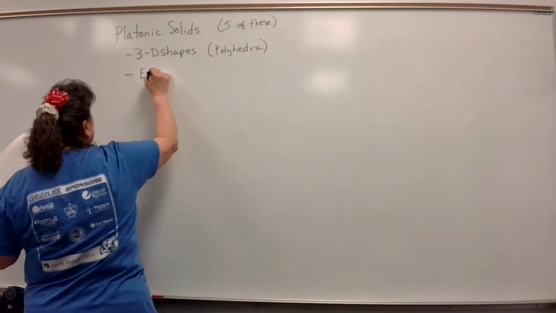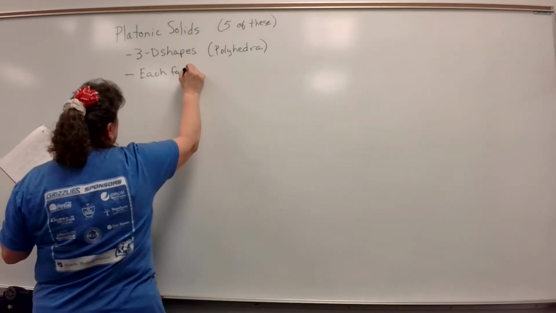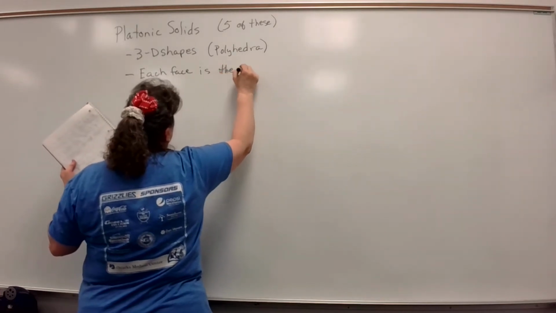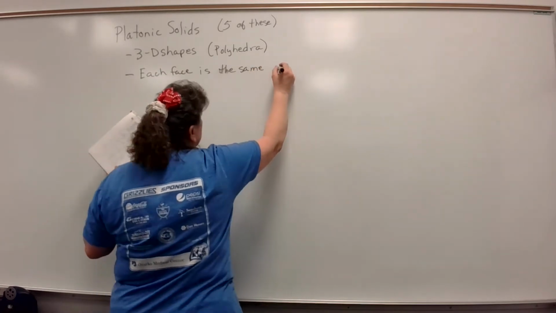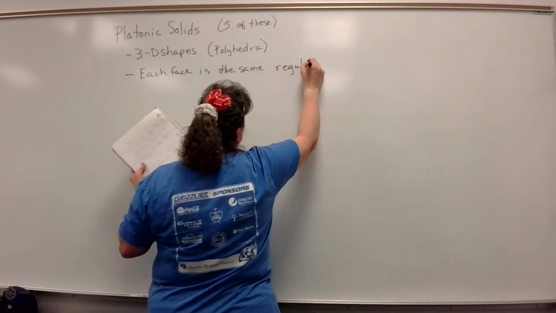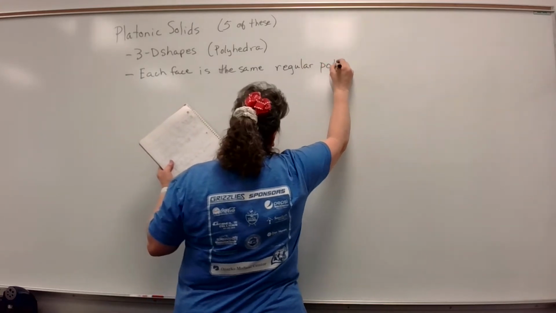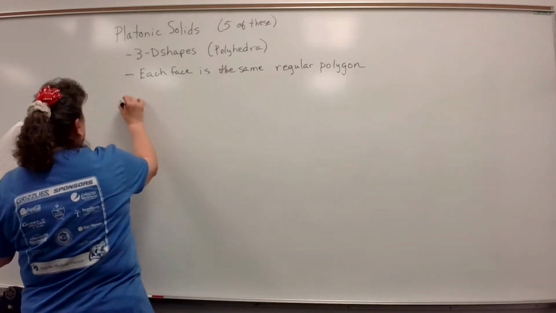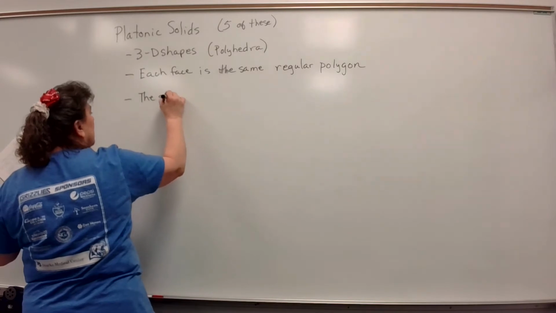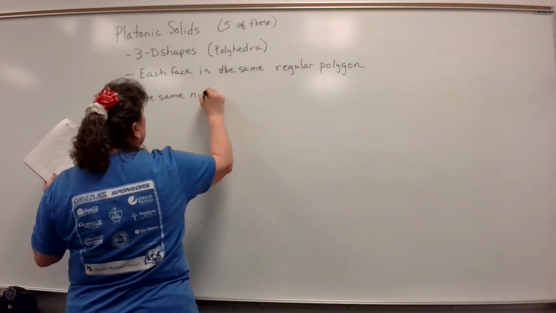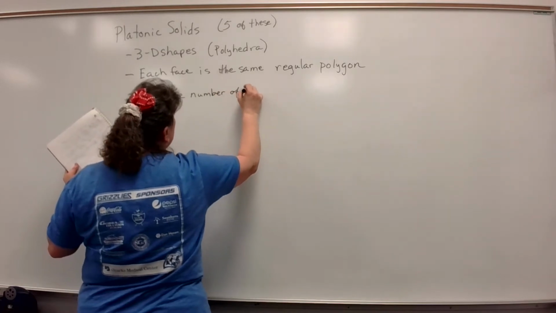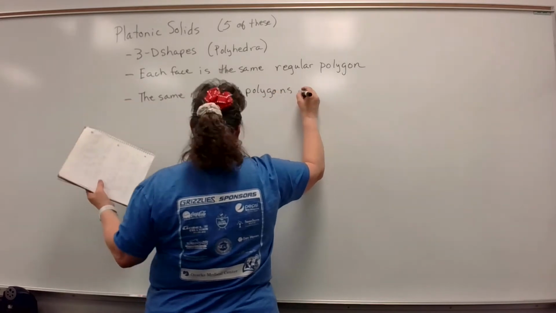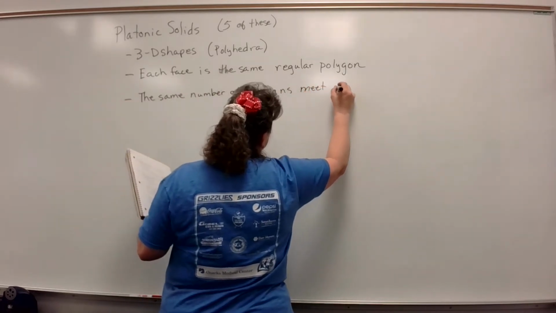Each face is the same regular polygon. The same number of polygons meet at each vertex.